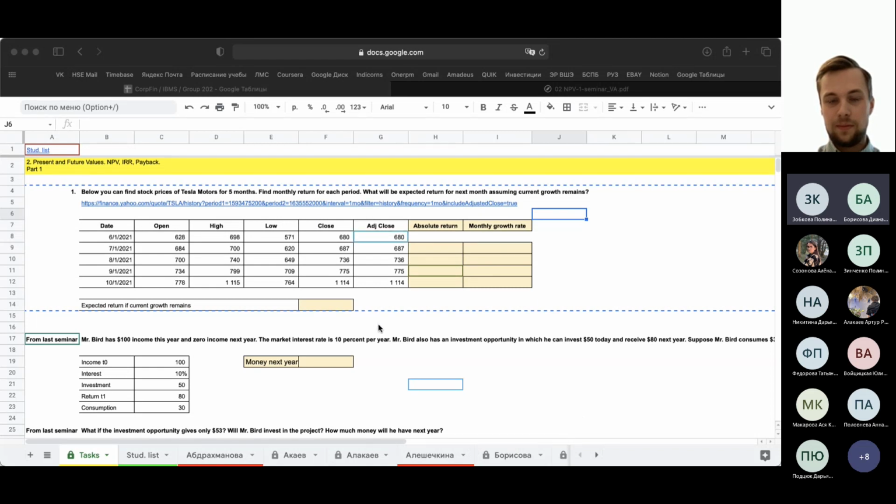Maybe we should use 687 and divide it by 680, and after it multiply by 100%, and we will see the numbers after the comma will be absolute return. It's just the idea.